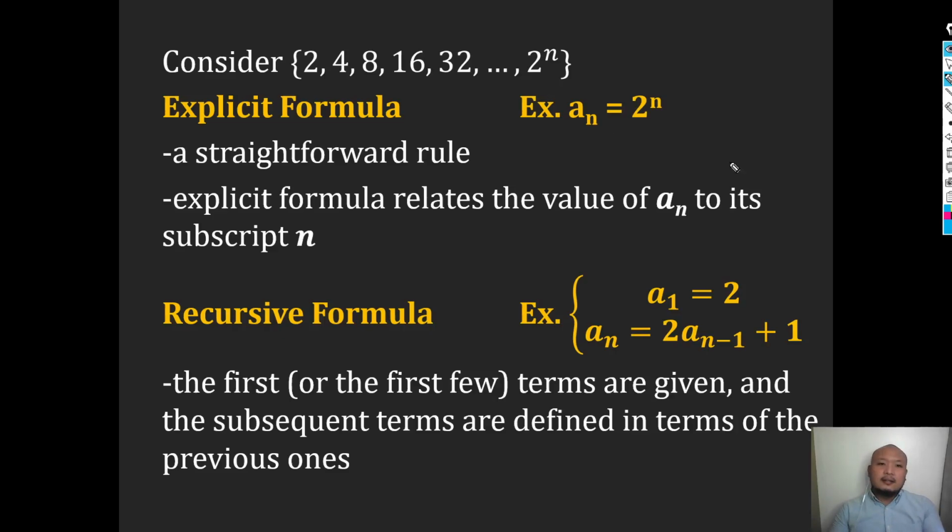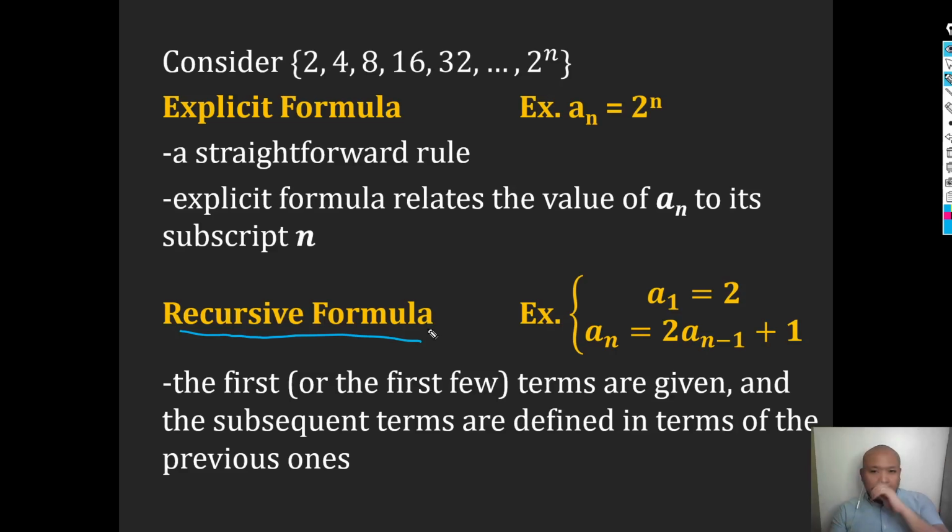On the other hand, si recursive formula kasi, iba ang paraan niya ng pag-determine ng particular term. Ang paraan niya kasi, you're able to determine a certain term if you know, number one, the first term or the first few terms of the sequence, and number two, the rule that you do given the previous terms to obtain succeeding terms.